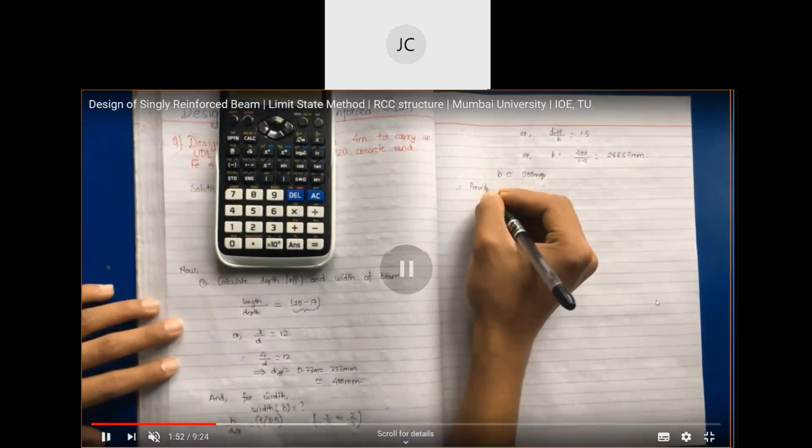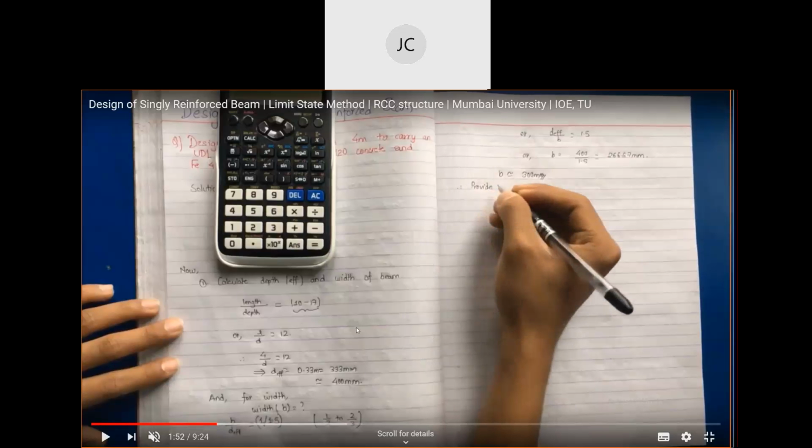After getting the value of effective depth, we have to find out the width. B by D ratio should be approximately half to 2 by 3. So D by B equal to 1.5.